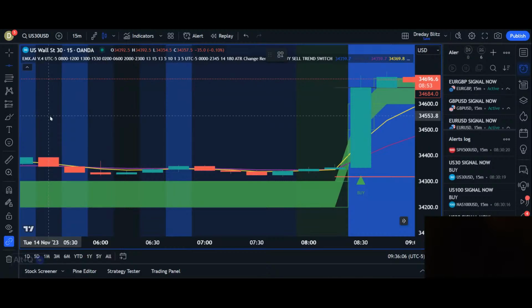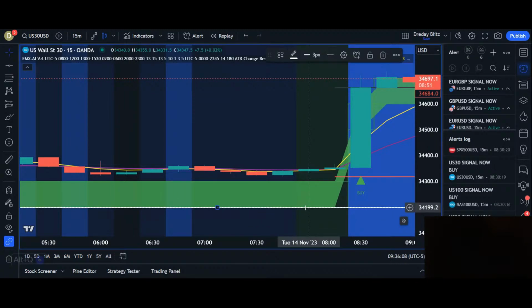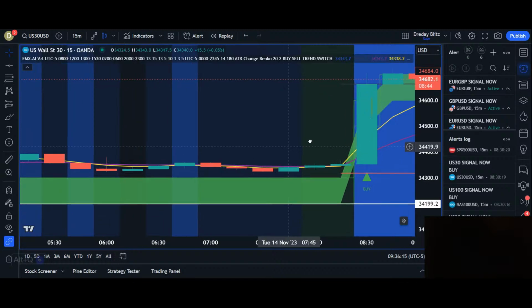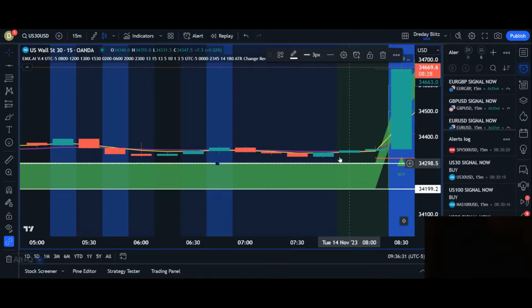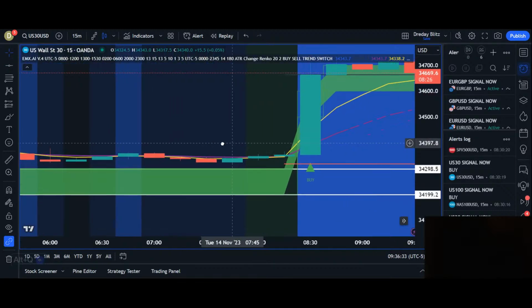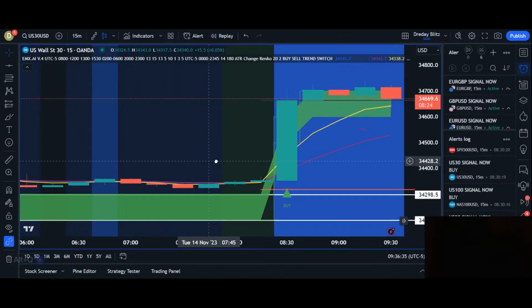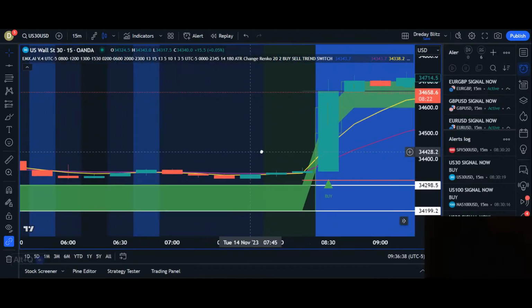As always, we put horizontal lines. Based off of that signal, your stop loss would be based off of the top of the previous Renko, at the bottom here, depending exactly on the Renko size.